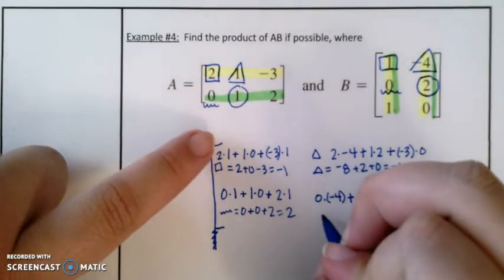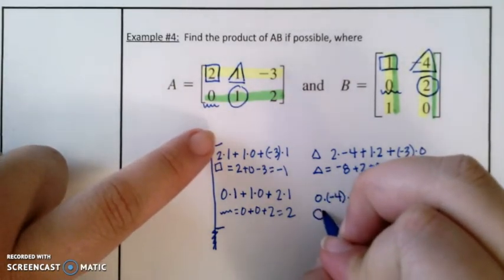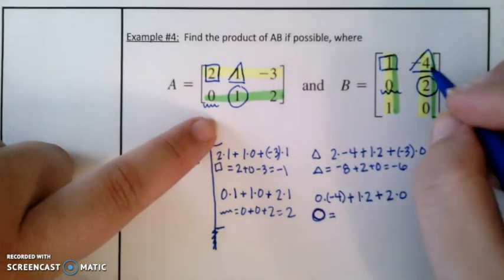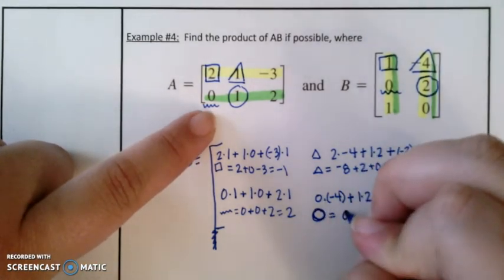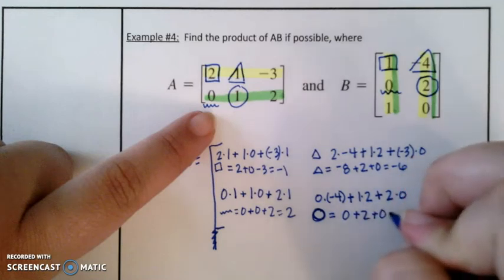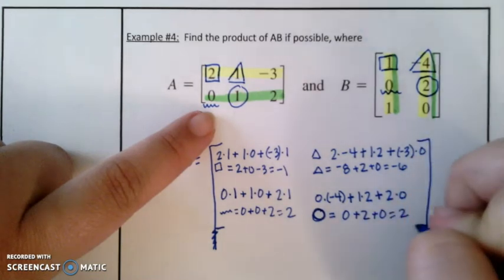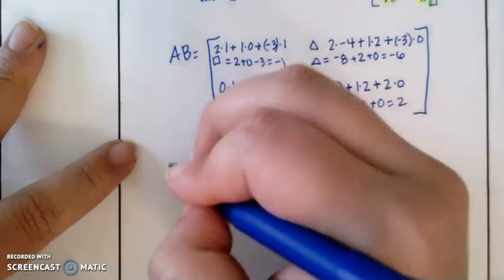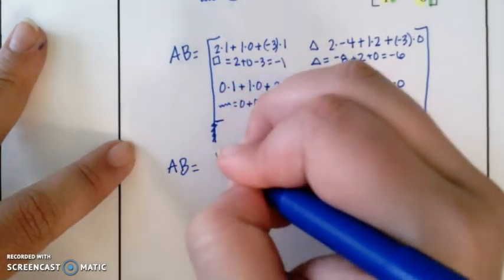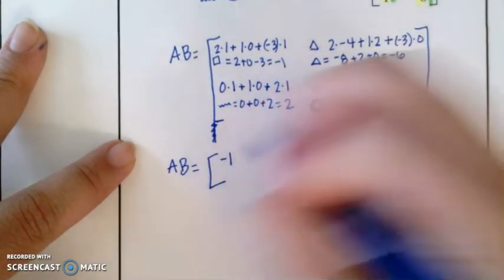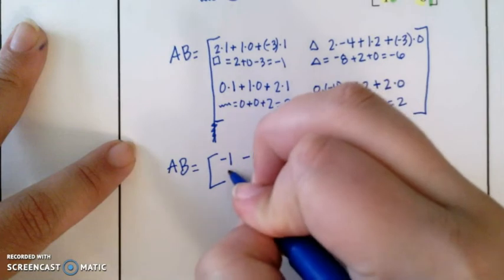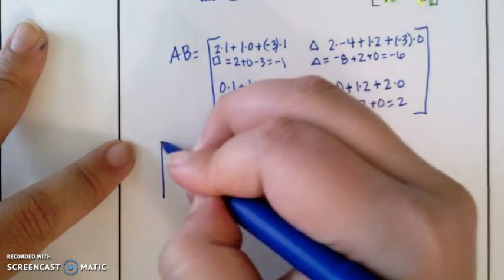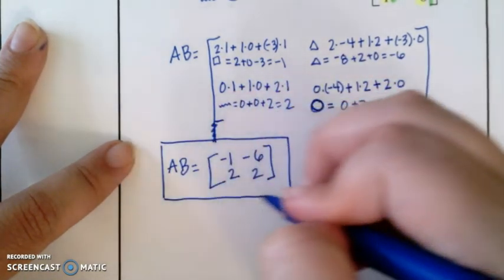So my circle equals 0 plus 2 plus 0, which is just 2. So my resulting matrix is negative 1, negative 6, 2, 2. And that is my answer.